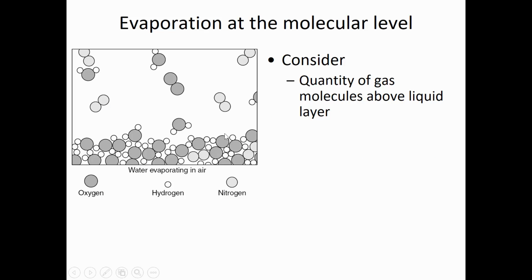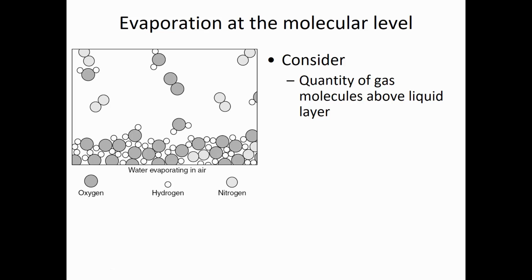Okay, so here is a diagram showing the water layer, and some of those water molecules are escaping into the vapor phase. And so we have oxygen, hydrogen, so H2O. In the atmosphere is nitrogen, mostly, 80% nitrogen.